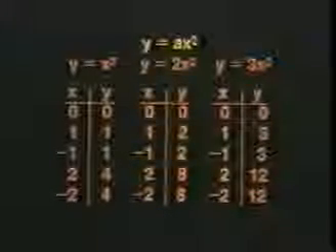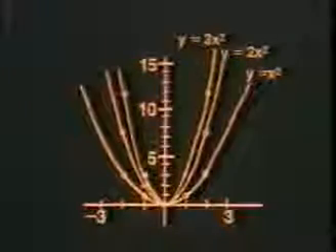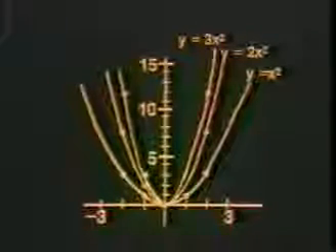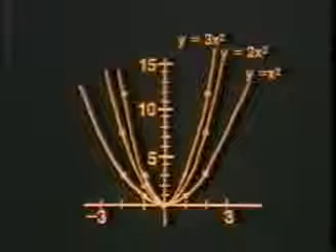How does the difference show in the graph, in the parabola? The answer: we work out tables of values for each of the 3 equations, we plot the points, draw the lines, and we come up with three different parabolas which touch each other only at the origin, point 0, 0.